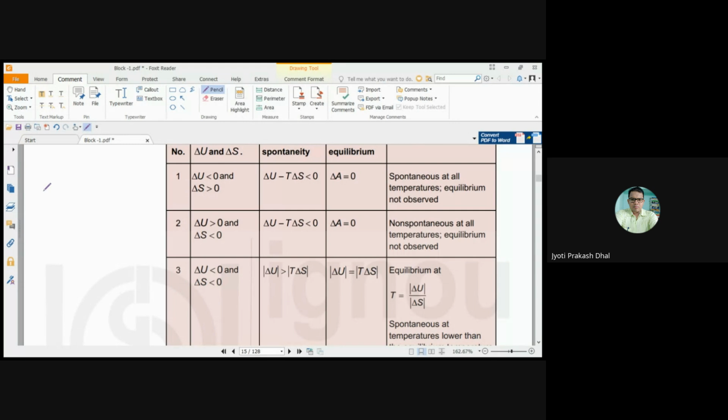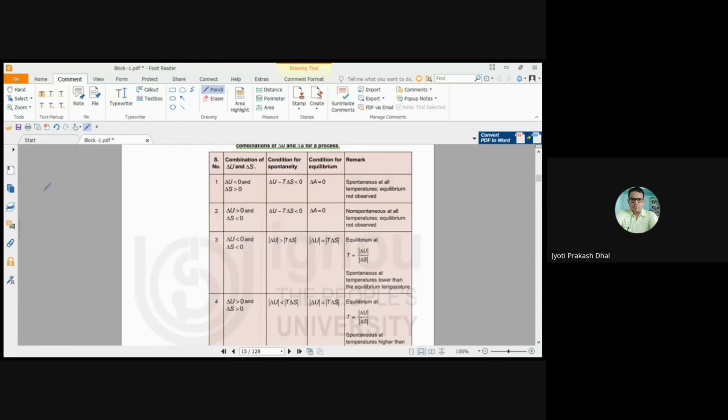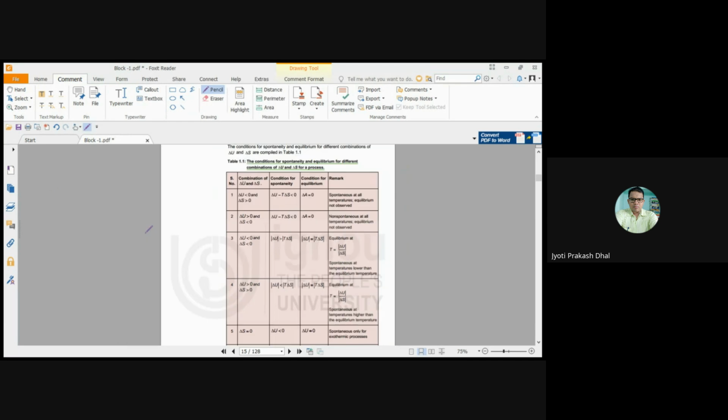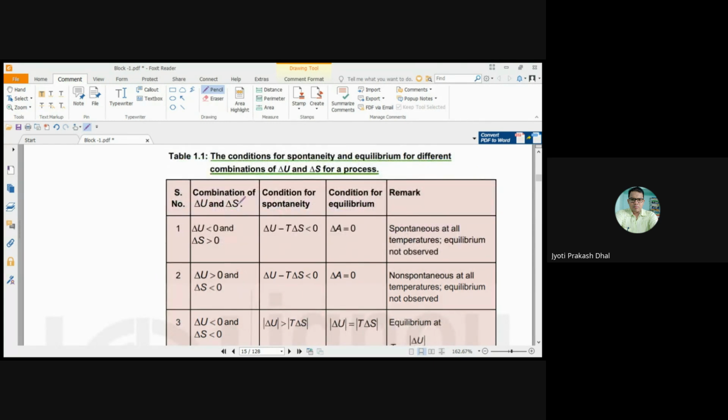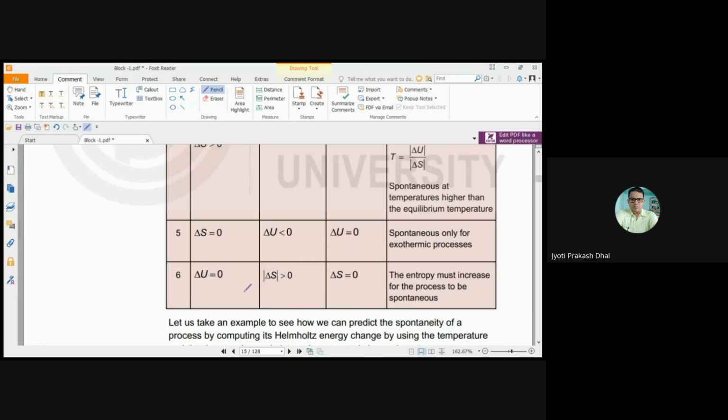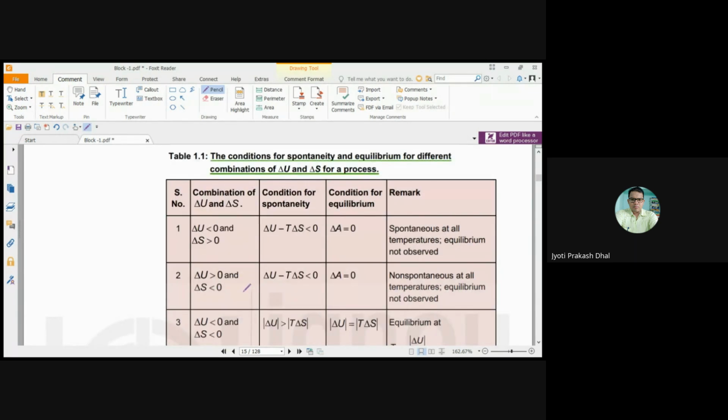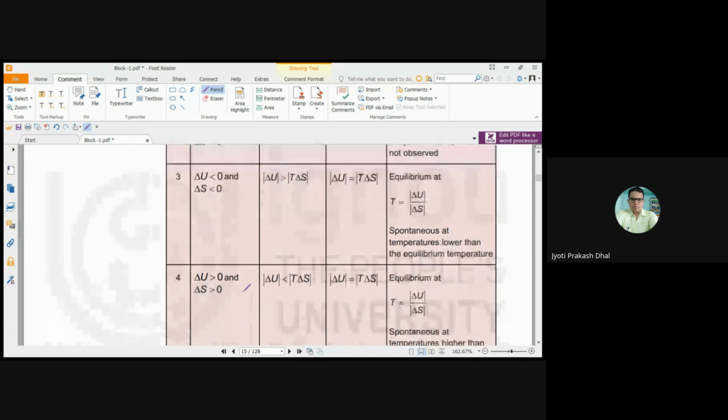So this table completely describes the conditions of spontaneity and equilibrium for different combinations of del U and del S. All the conditions, the 6 cases, we have already discussed, and the summary of the 6 cases is given in this table.